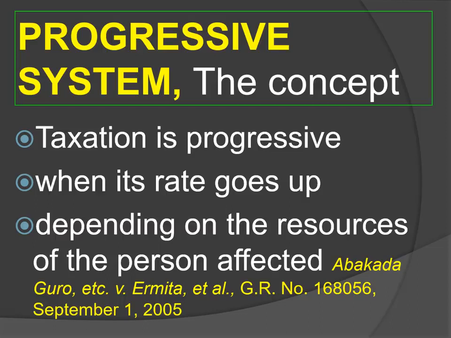What do you understand when you say there is a progressive system of taxation? We have a definition that's been made by the Supreme Court in 2005. Taxation is progressive when its rate goes up depending on the resources of the person affected.